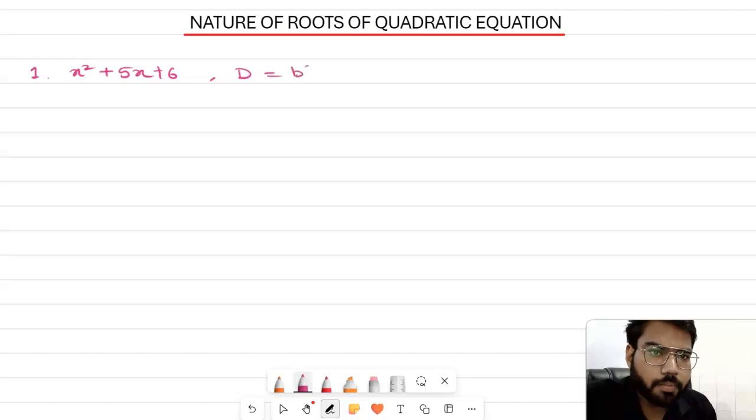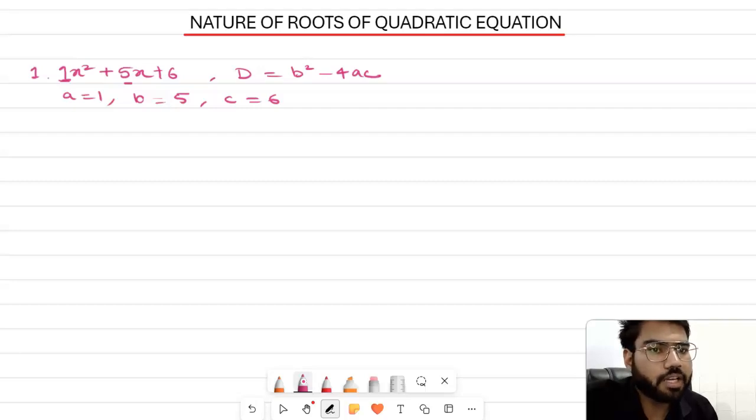D is equal to b square minus 4ac. In this case, the value of a is equal to 1 because the coefficient of x square is 1. The value of b is 5 because the coefficient of x is 5, and the constant term c is 6. So now a is 1, b is 5 and c is 6.